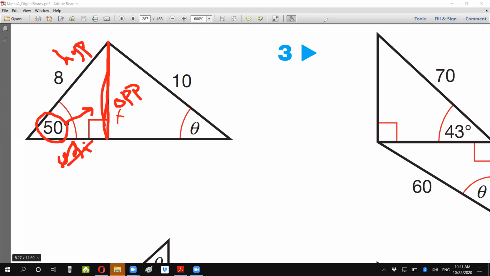You have 3 rules: sine, cosine, and tan. Which rule will you use to find the missing side? Cosine or sine? Sine. Which rule will I use? Opposite and hypotenuse.